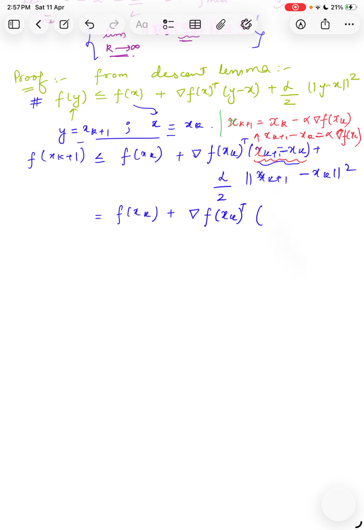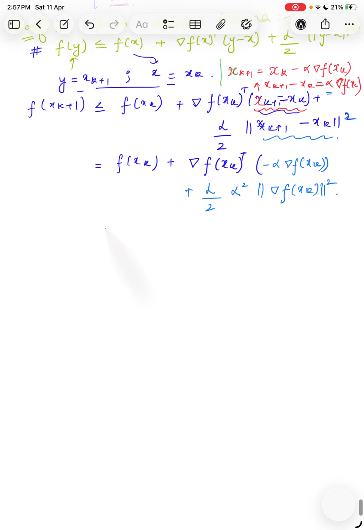So here we will simply write minus alpha del f of xk plus Lipschitz constant upon 2 times, again for this thing we will take the norm on both sides. Since alpha is a constant, its norm will come out as alpha squared because it's a squared term here, and then you will have del f at xk squared.